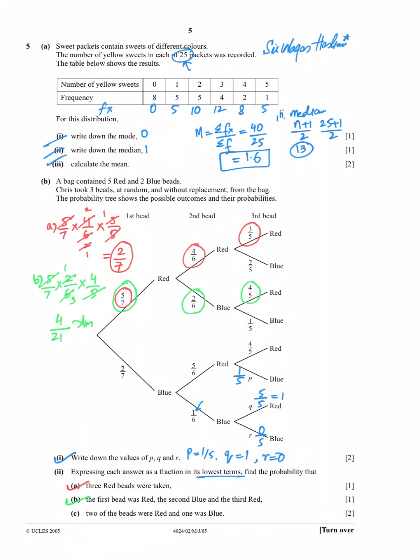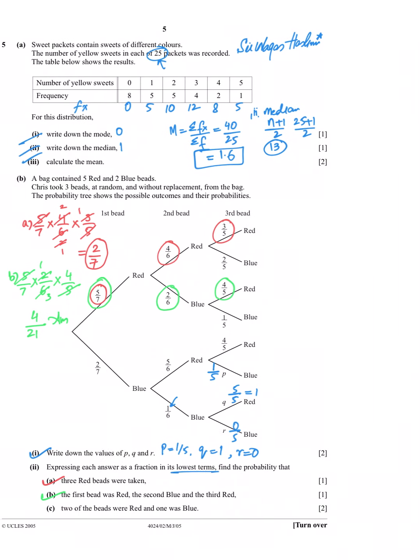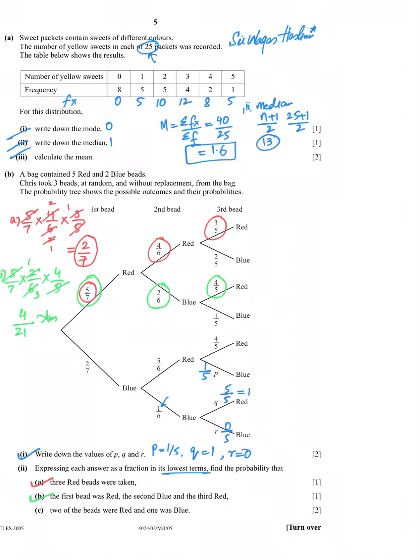Last one. Two of the beads were red and one was blue. Let me just get a little bit of space here. For part C, you can observe that in the previous part the sequence was fixed: the first should be red, the second blue, and the third red. But in part C, the sequence is not fixed. It says two beads were red and one was blue.